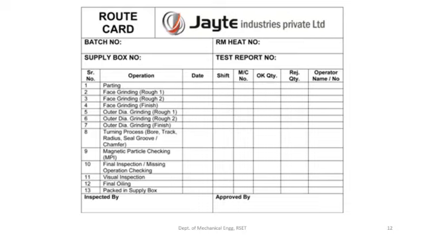So this is a card that moves along with the workpiece from one station to another in the order of the processing sequence. This is what a route card actually looks like.